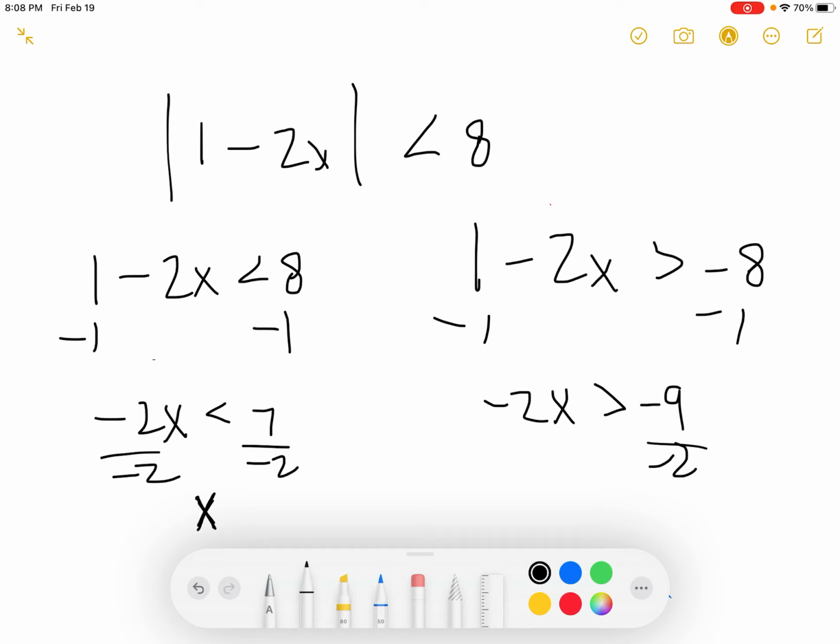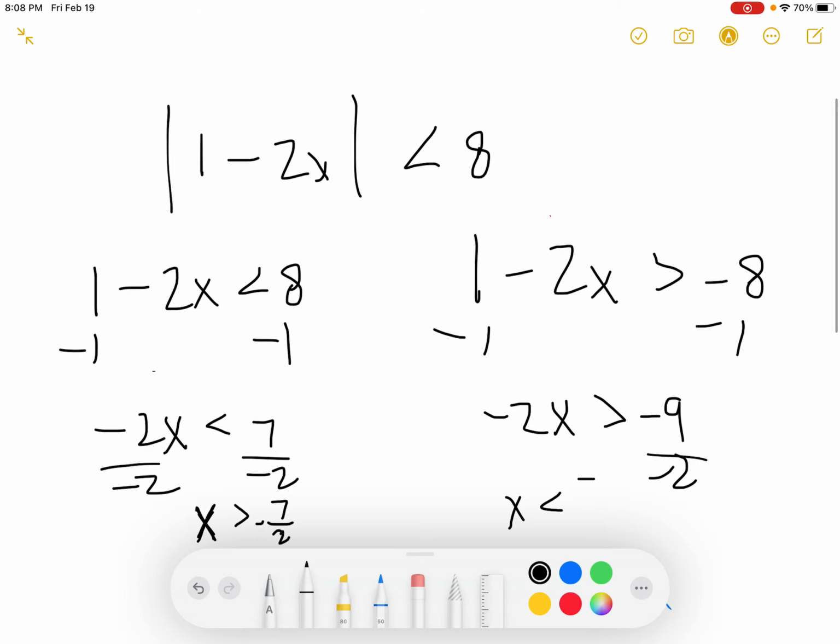So we get x greater than negative 7 over 2, and x less than, since both are negative in the numerator and denominator, 9 over 2.